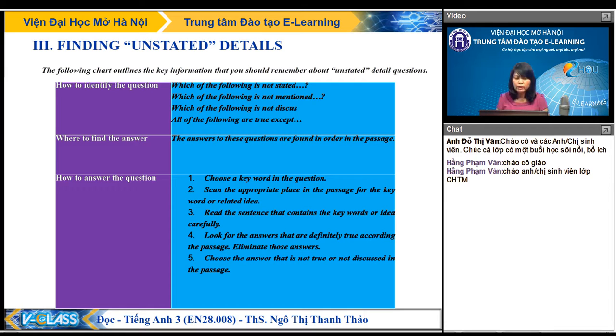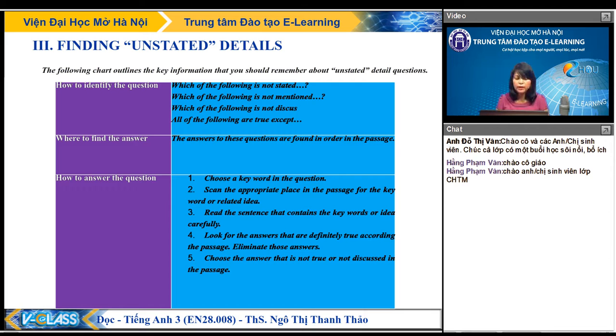Which of the following is not stated? So unstated here means not stated. Which of the following is not mentioned? Which one is not discussed? So discussed here is spelled double S E D. Alright, this is a spelling mistake.